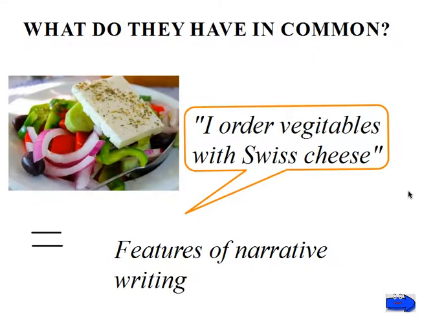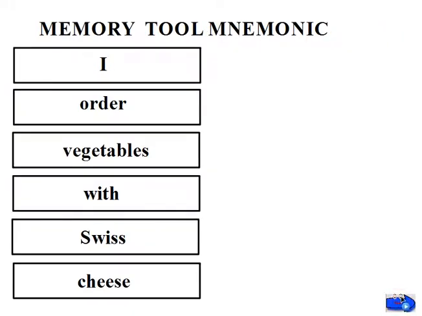Now let's return to the question I asked you before. So what do they have in common? I order vegetables with Swiss cheese and the features of narrative writing. We can say that this simple saying can be used as a memory tool to remember the 6 features of writing. Look at the table.